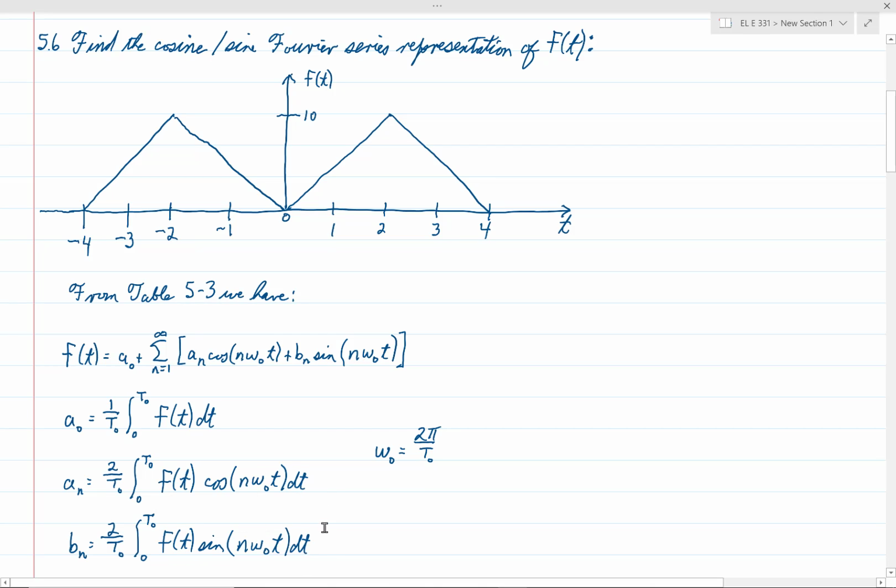Now, we're taking T naught to be the fundamental period of this periodic signal for which we want to find the Fourier series. And so this omega naught that's coming in here and also down here, that is 2 pi over T naught. So once you find T naught, you immediately can get omega naught.